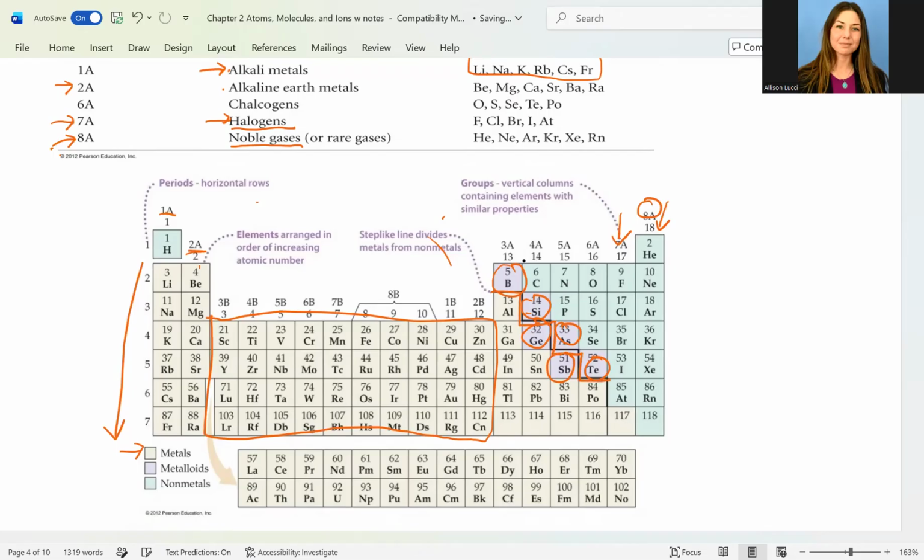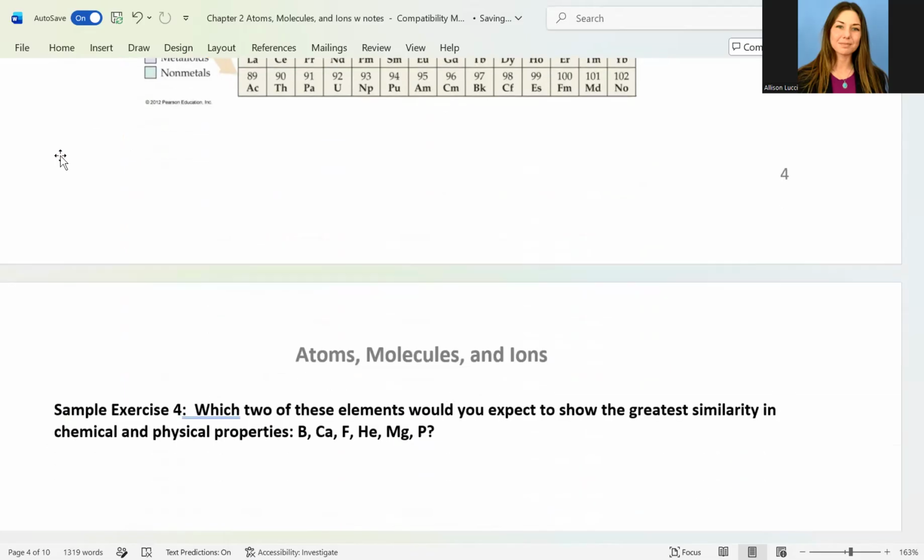And we refer to this staircase as separating our metals on this side, so all the yellow, from our nonmetals, which are in the green here. So we'll look at when metals and nonmetals combine, or all nonmetals, how we get different types of compounds later on. But we should at least know where to locate these different types of elements, including metals and nonmetals.